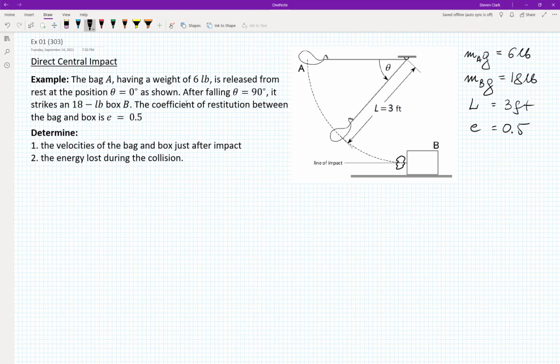So that bag will be here, and it will have some velocity, velocity A. Yeah, and what else do we know? We know their masses, and we know that the coefficient of restitution between these two bodies is 0.5. And they ask us to find velocities right after the impact in part 1 and the energy dissipated during the impact. We will focus on that in part 2.